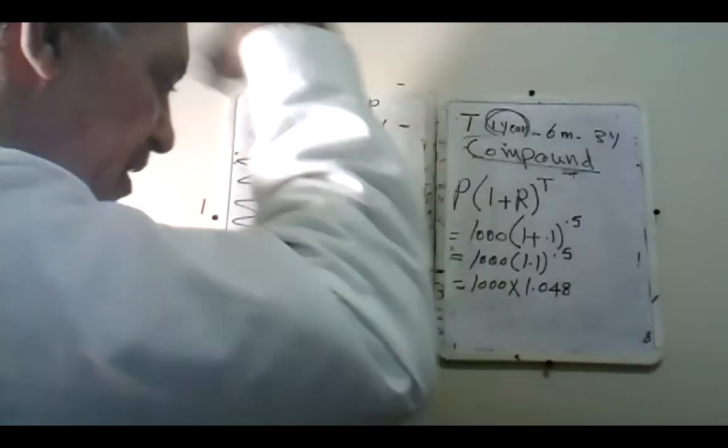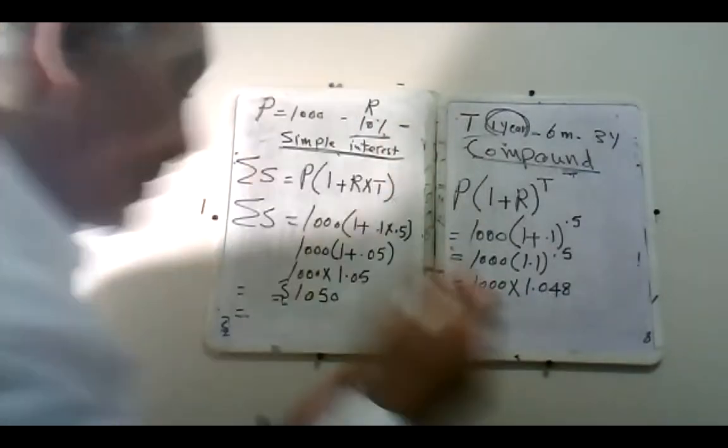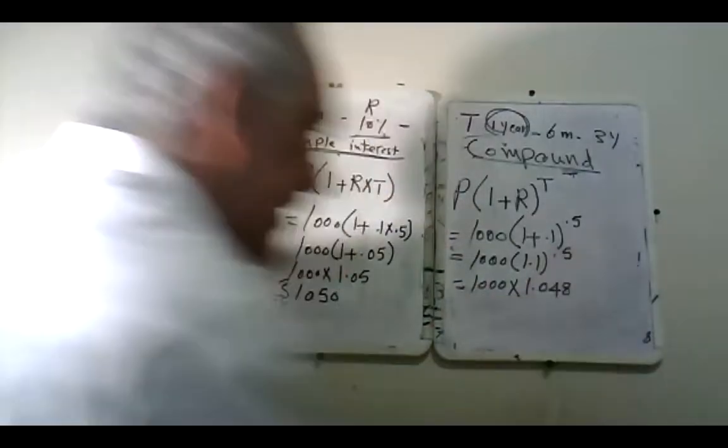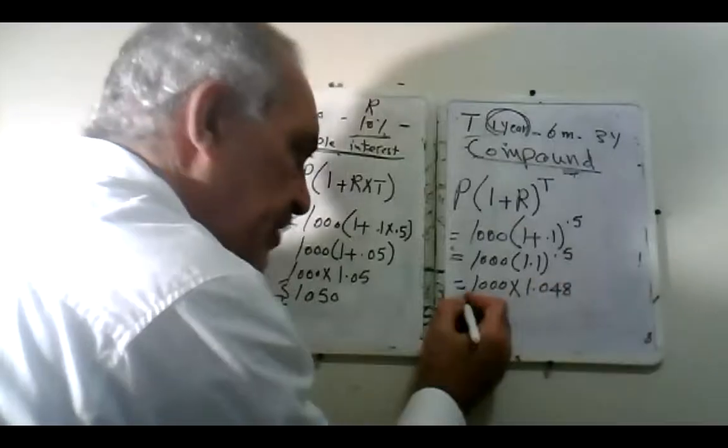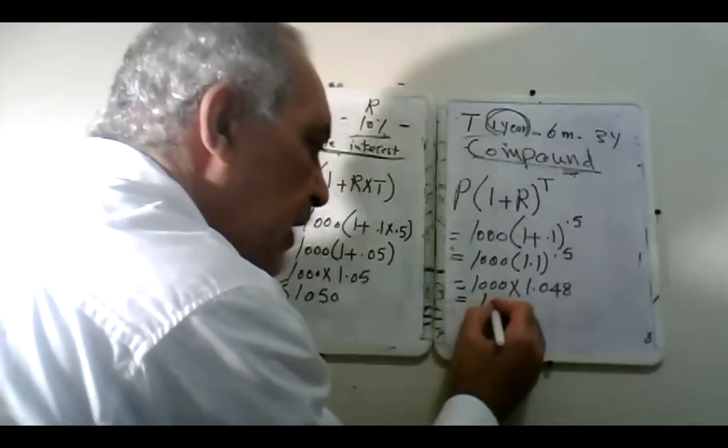Let's keep it like this, taking 3 digits is more than enough. Then this will equal $1,048.